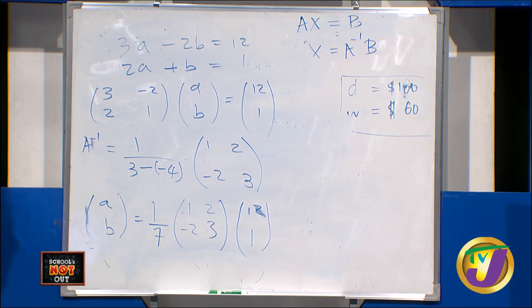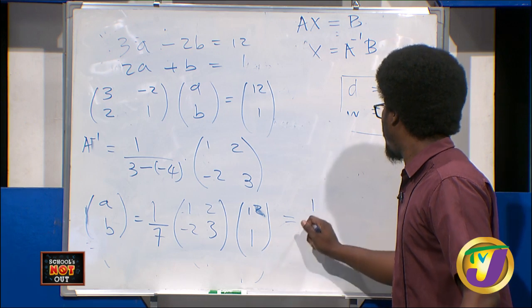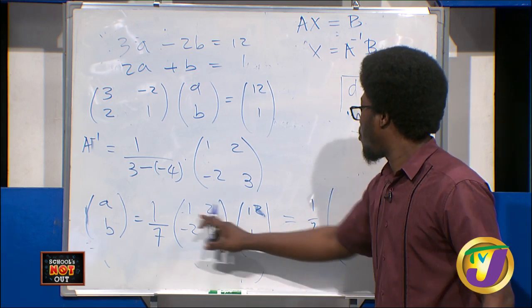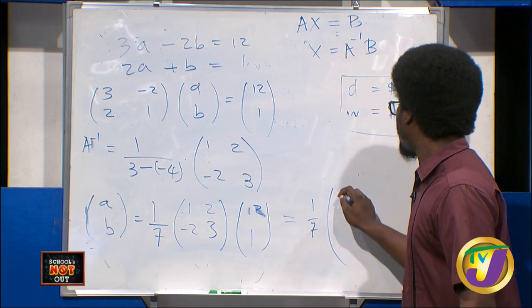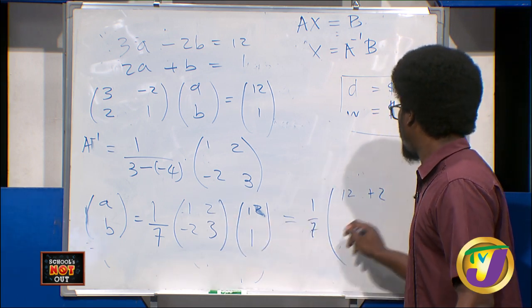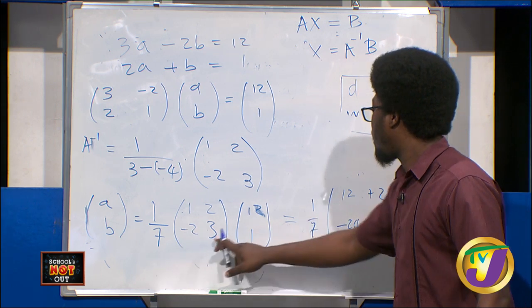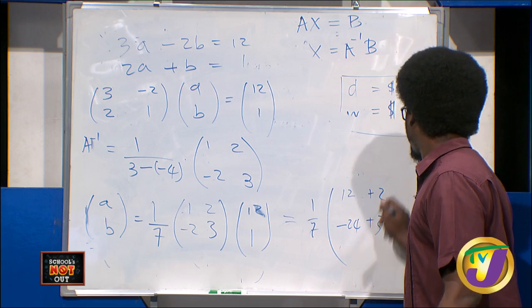Now, we are going to go row by column. And going row by column, we would end up with 1 times 12 gives us 12, 2 times 1 gives us 2. Then negative 2 times 12 gives us negative 24, and 3 times 1 gives us 3.